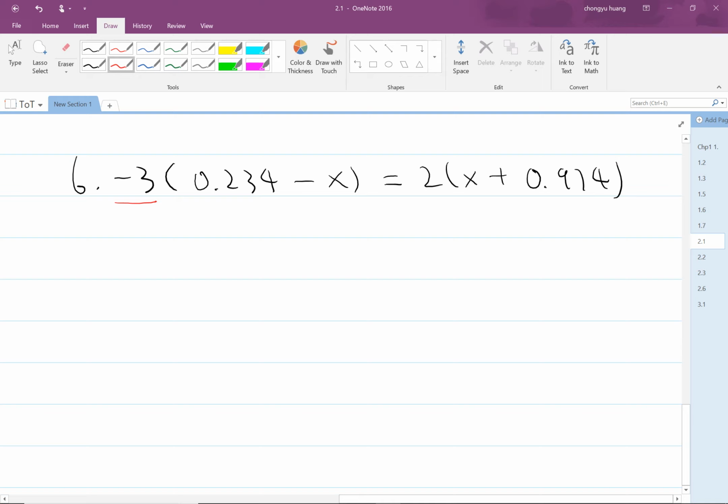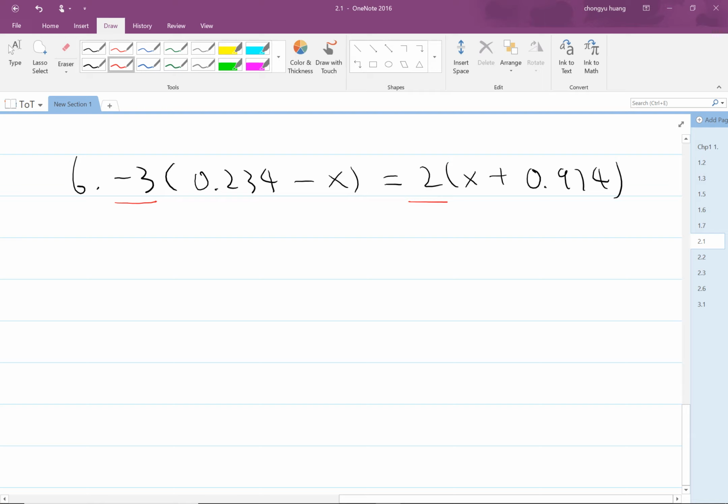On the right hand side we have a 2 multiplied by something in the bracket, right? So we have to get rid of the bracket in order to solve for x, and how we get rid of the bracket is we just multiply the number in, right?